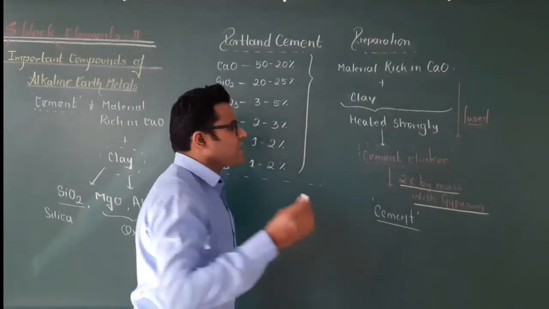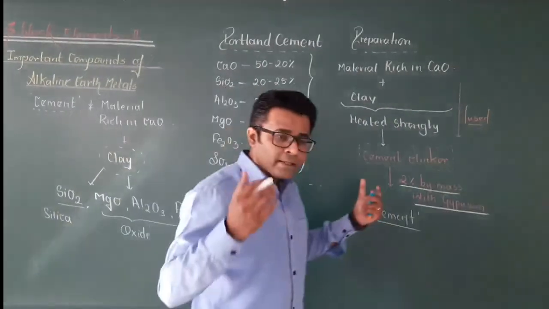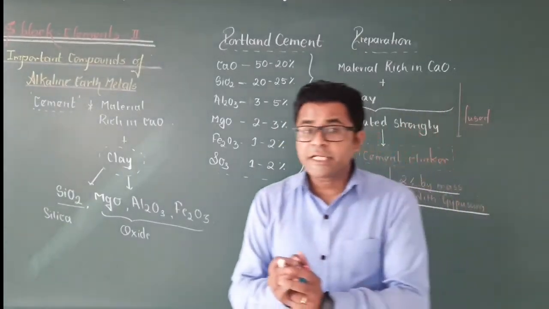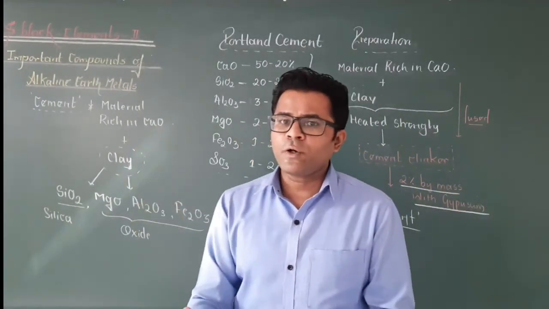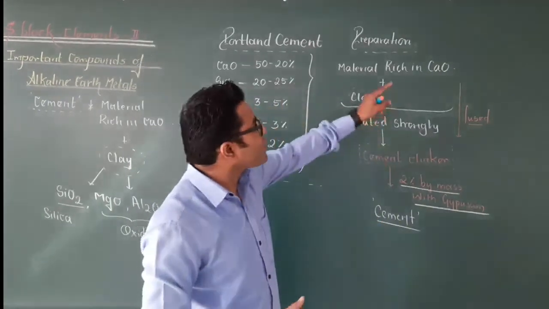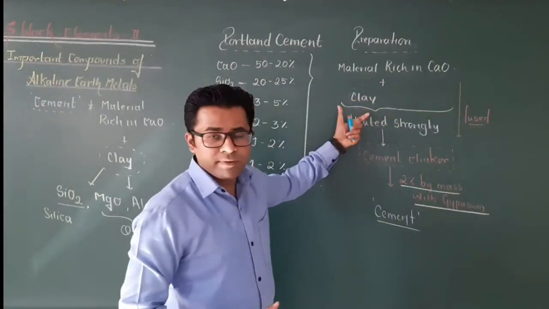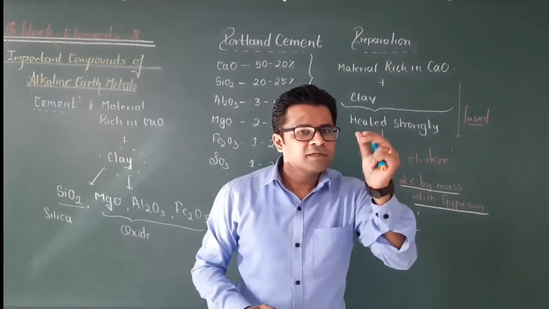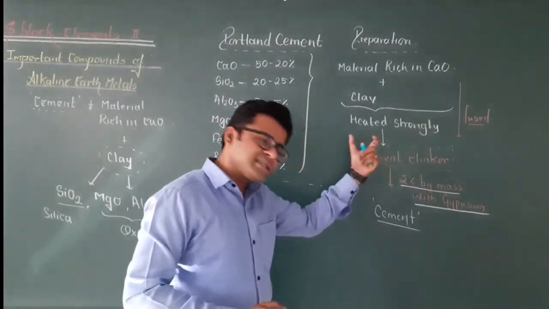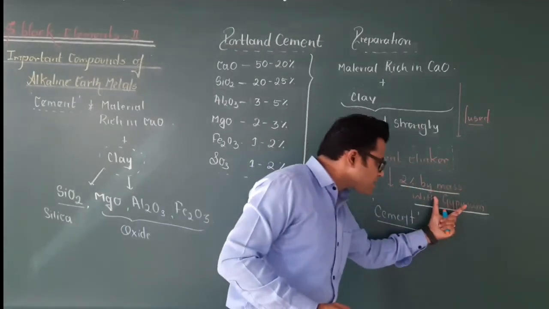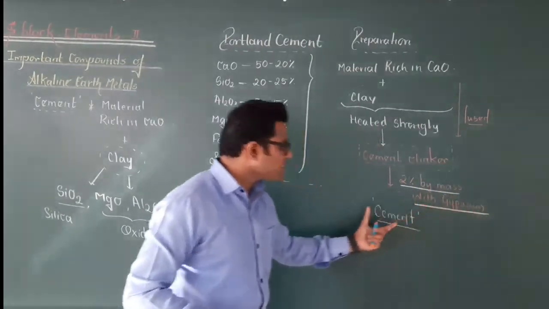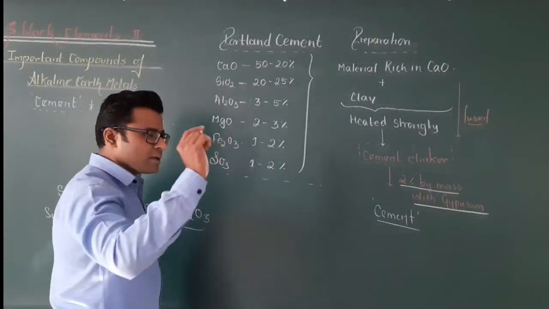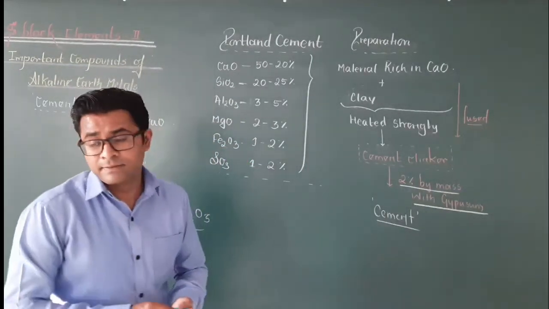This is how we prepare it. Simply, the materials rich in calcium oxide are treated with clay and heated strongly. Calcium oxide fuses with clay to give us cement clinkers, small spear-like structures. These clinkers, upon addition of gypsum, 2% by mass, give us the final thing, that is cement.